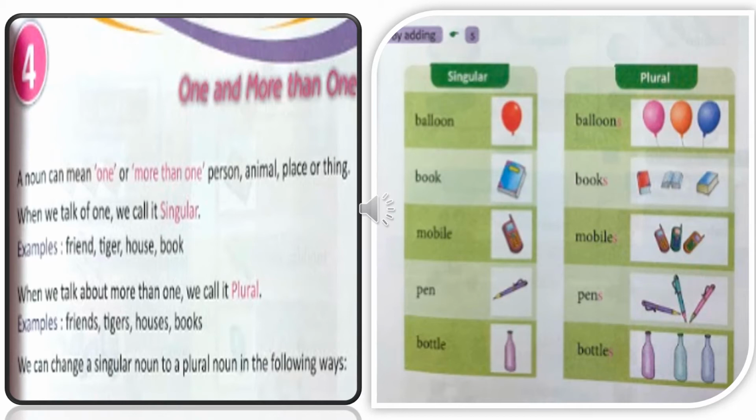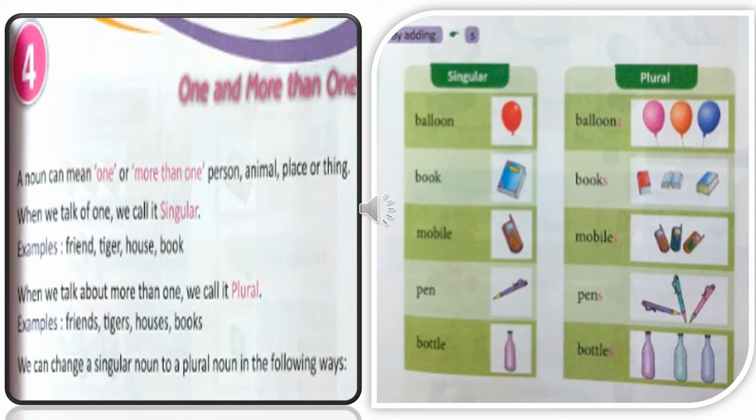What have we done, students? Have you realized? We have added s in every spelling. Friend became friends, tiger became tigers, house became houses and book became books. There are certain rules for changing singular to plural. Now a few examples on the right side make this concept clearer.